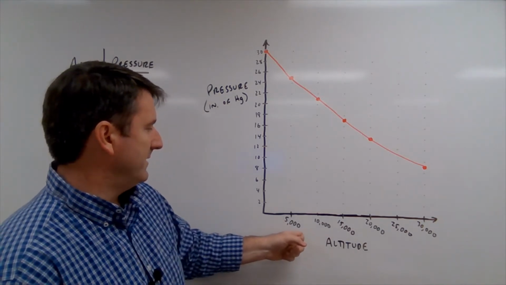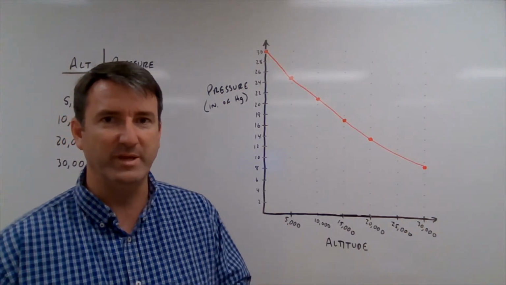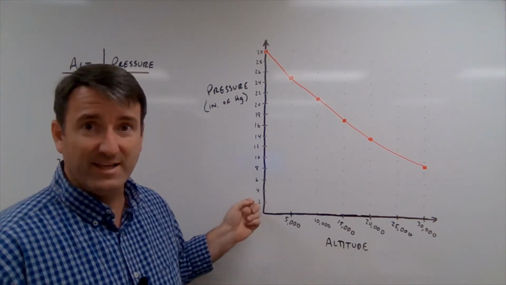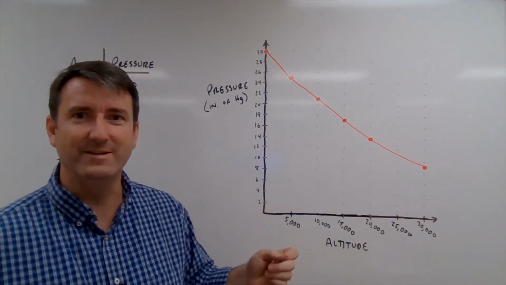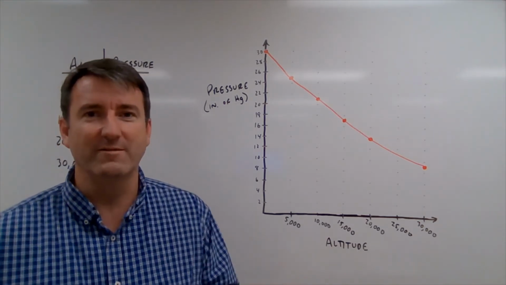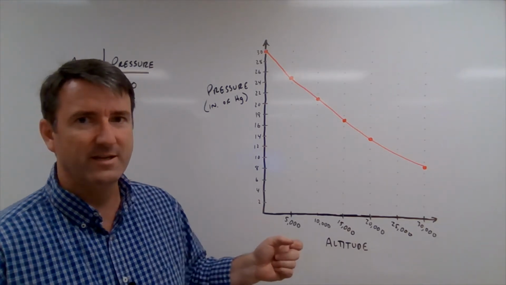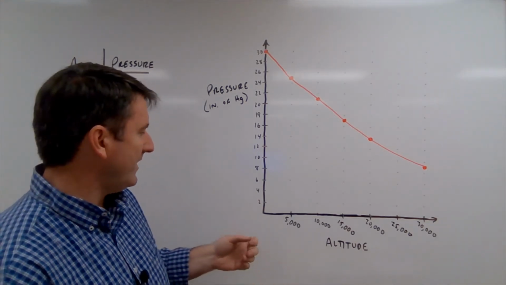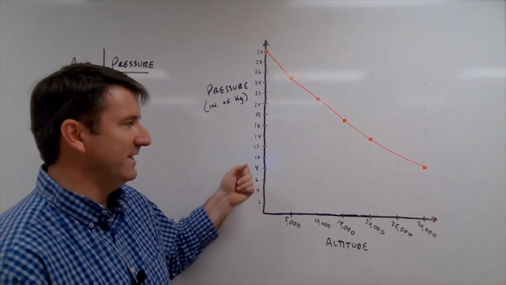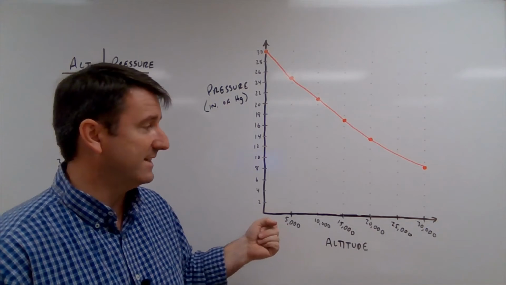So the lowest altitude that would make sense would be Death Valley. No, sorry, the Dead Sea has the lowest elevation on Earth of about 1,500 feet below sea level. So negative 1,500 might be the low end of our altitude in terms of what makes sense.